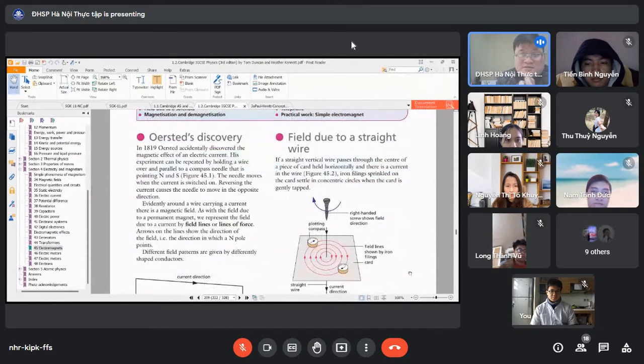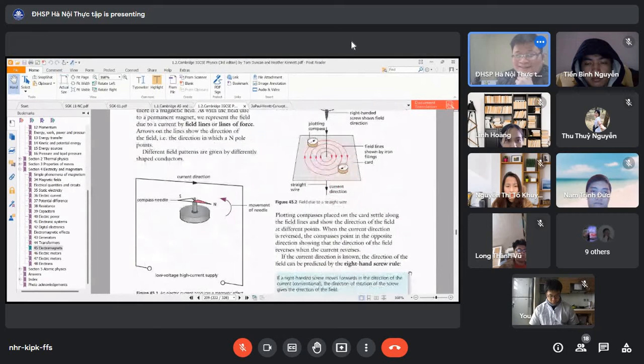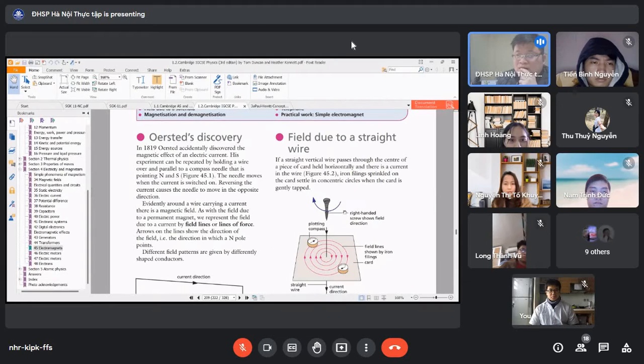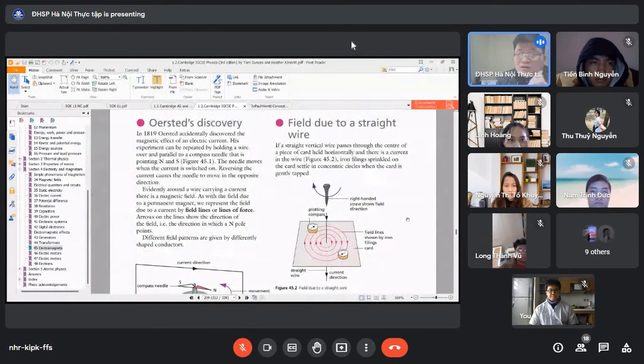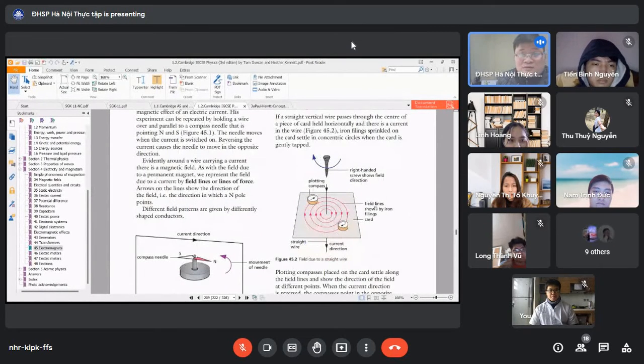So Ørsted's discovery. It is the discovery of the existence of the magnetic field around the current, and a compass needle is a type of indicator to recognize the existence of the magnetic field. And then it's the basic things, how to represent the magnetic field by using magnetic field lines.